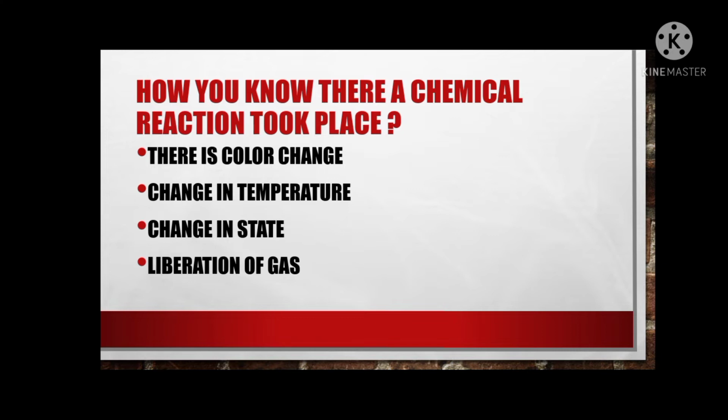And change in state, whether a solid is changed into liquid or a gas is converted into solid or liquid, gives the evidence of a chemical reaction. Similarly, there will be evolution of gas, meaning the gas gets liberated during the chemical reaction. Out of these evidences, one can say about the chemical reaction.